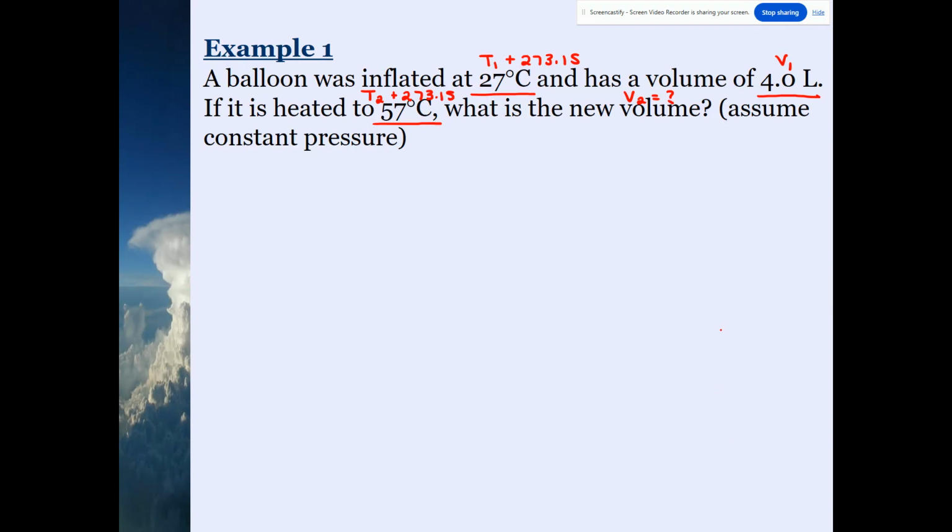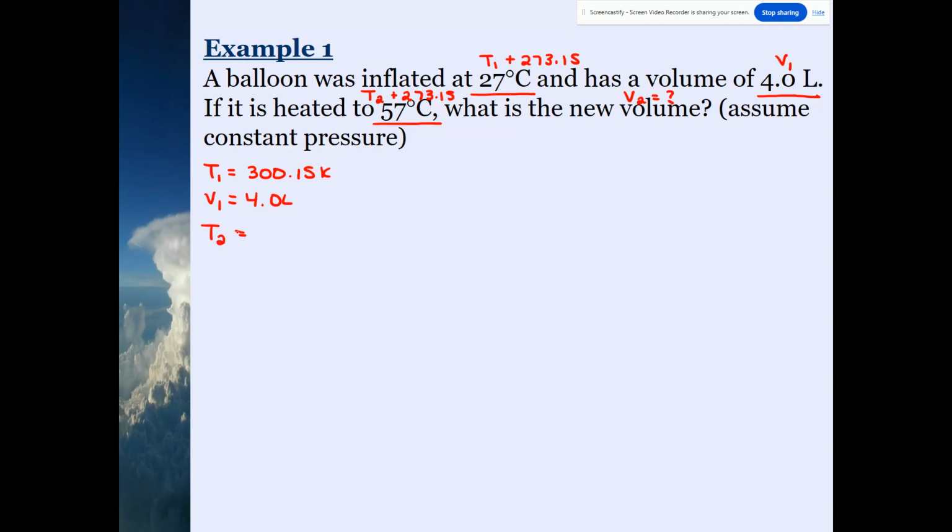Okay, so we start by listing our variables, and I'm going to do that calculation right away. T1 is 27 plus 273.15. I get 300.15 Kelvin. V1 is in the unit I need it to be in, 4.0 liters.